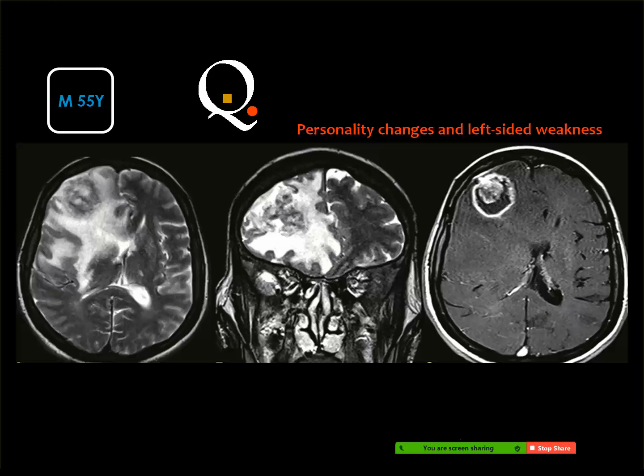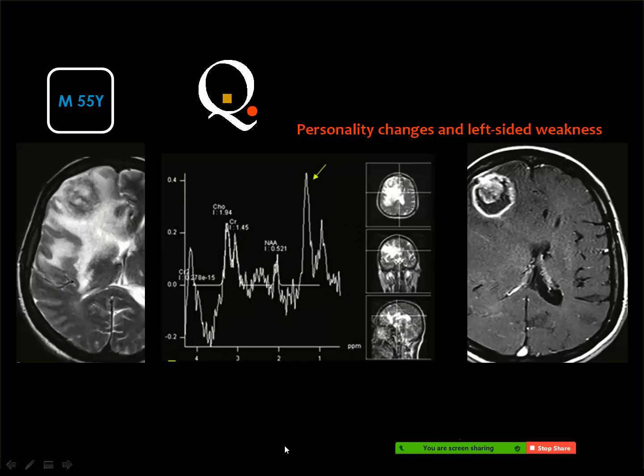GBM. Okay, and this was the first diagnostic possibility, and they asked for MR spectroscopy. Abscess. In MR spectroscopy, you do not see elevation of the choline nor the N-acetyl aspartate, but there is marked elevation of the lipids and the lactates.